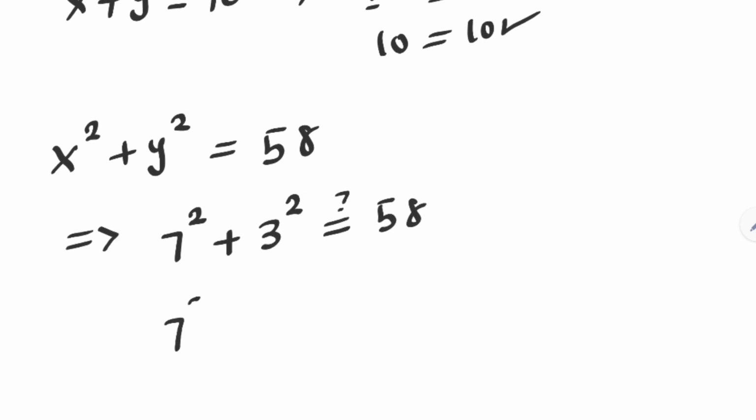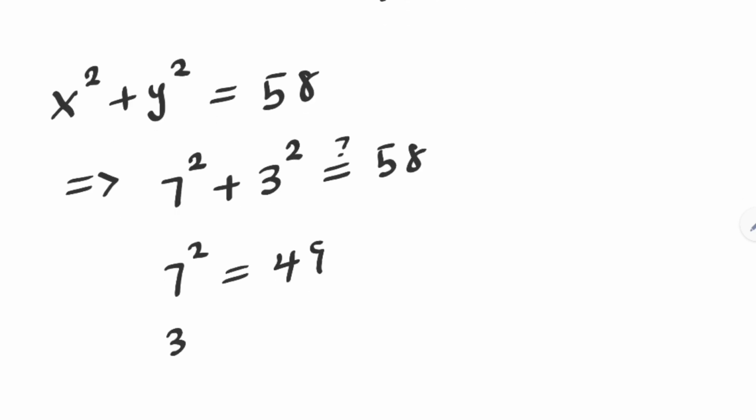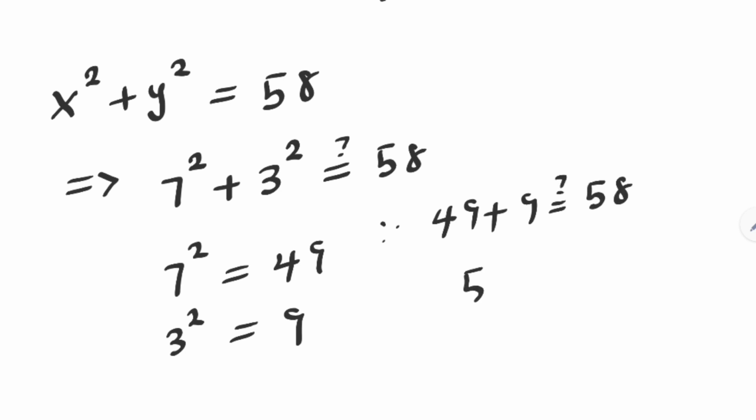Now, 7 square, this is equal to 49, and 3 square, this is equal to 9. Therefore, we have 49 plus 9 must be equal to 58. 49 plus 9, this is 58, is equal to 58, which is true.